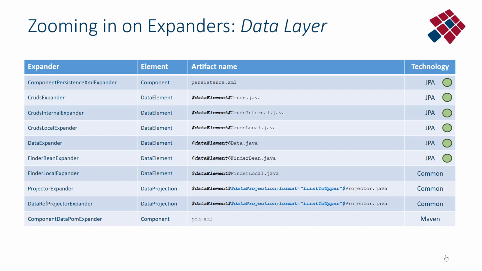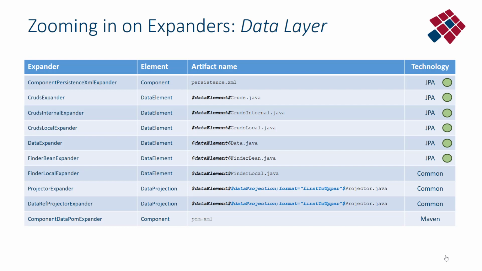Expanders belong to a certain projection of a data element where we select a number of fields, a number of attributes or relationships, and even some aggregations of attributes of relationships. And they have their own expansion module with a number of expanders. Okay, so every one of these expanders expands an artifact, and the full name consists partly of the name identifying the actual type of artifact in the element structure, and part of the name reflects the name of the functional entity.